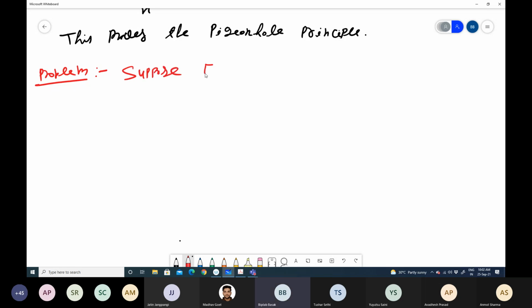Now suppose we have 5 pairs of socks in a drawer. Okay.